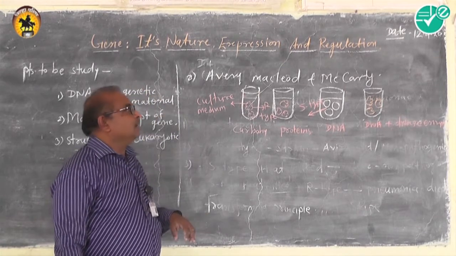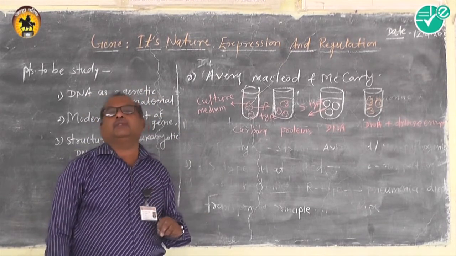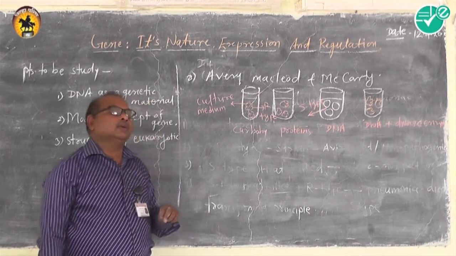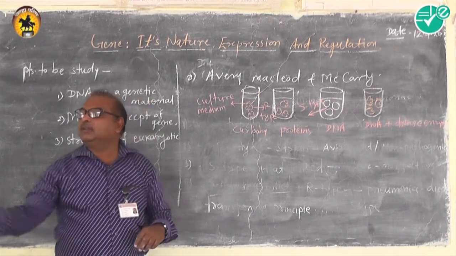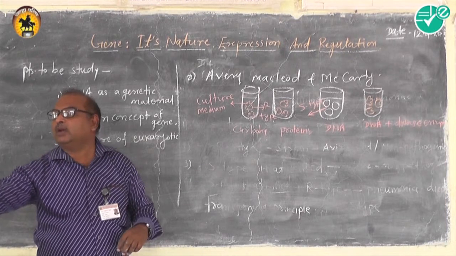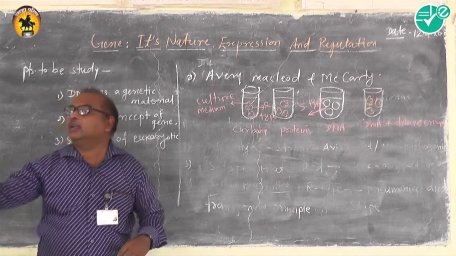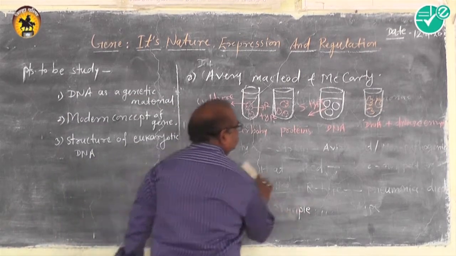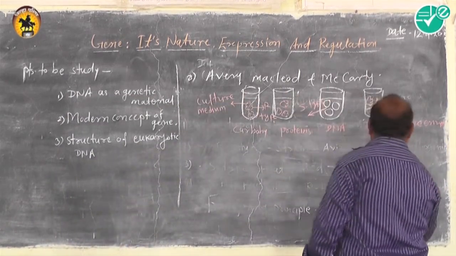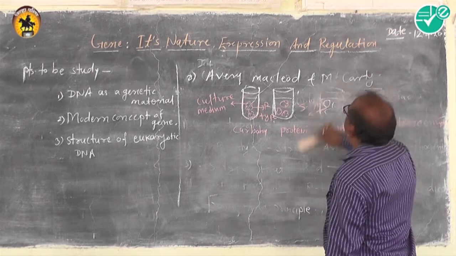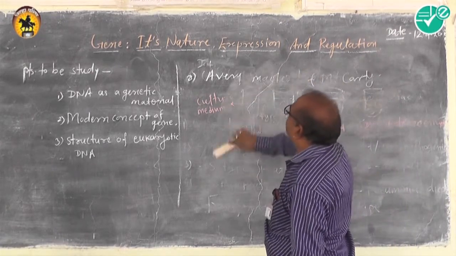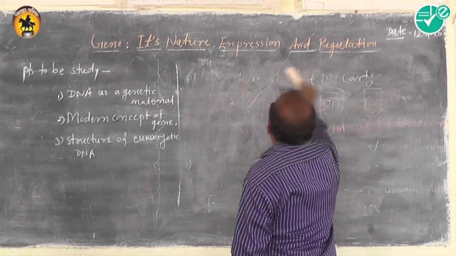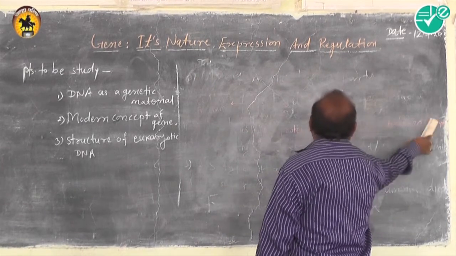DNA is the transforming principle of Griffith. But even though these scientists proved it, all the biologists were not convinced by this experiment and not accepting it, so a final experiment was made in support of DNA as the genetic material.